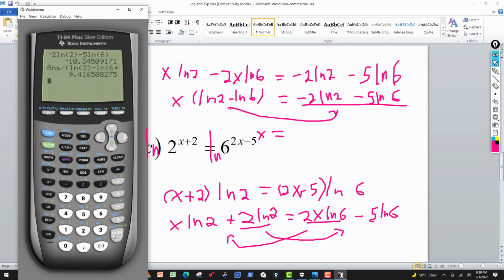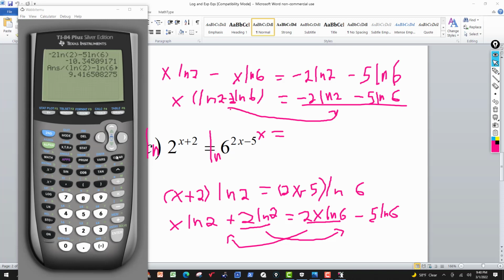Hit enter. And I left out the coefficient there. It should be a 2 right there.